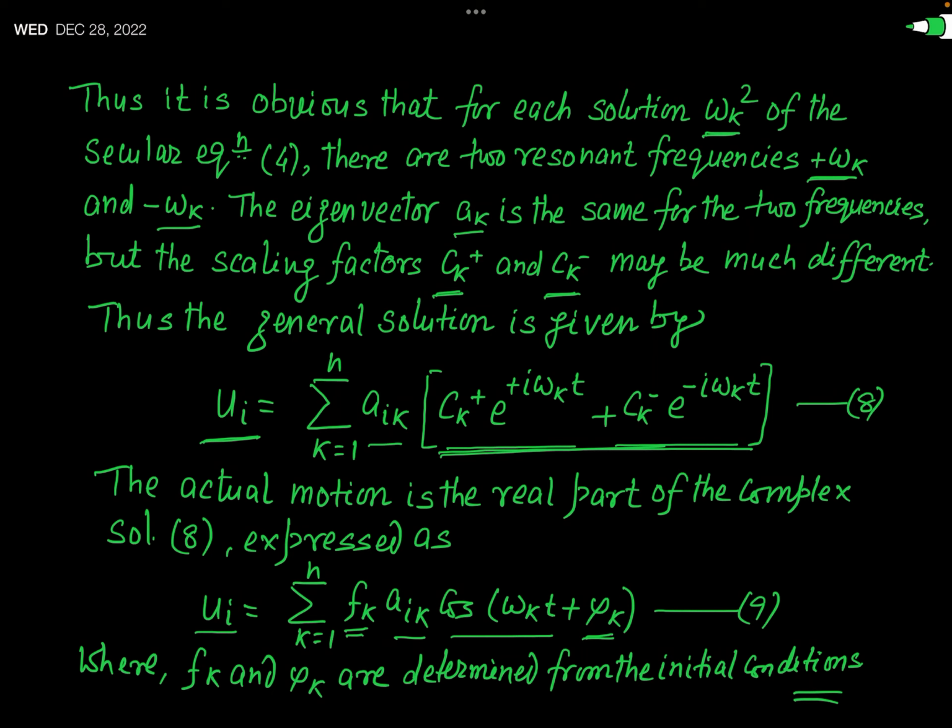These facts will be clear to you only when you solve a particular physical problem. Then you will see how we calculate the eigenvalues, how we calculate the eigenvectors, and how we find the general solution, that is, finding the values of f_k and phi_k, and what the actual solution of that physical problem is.